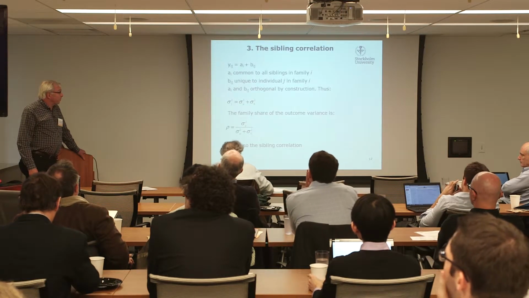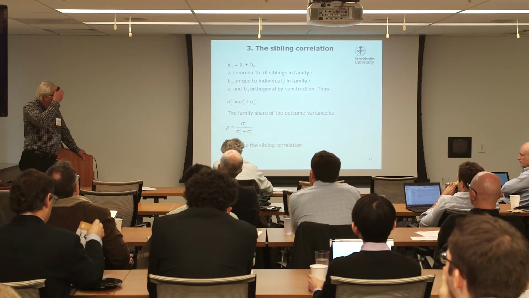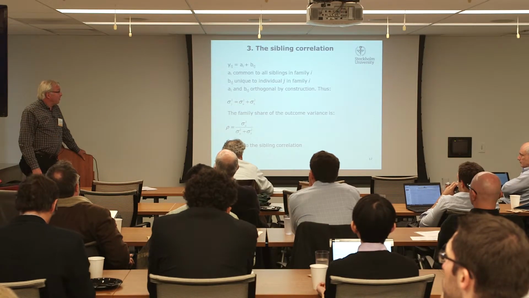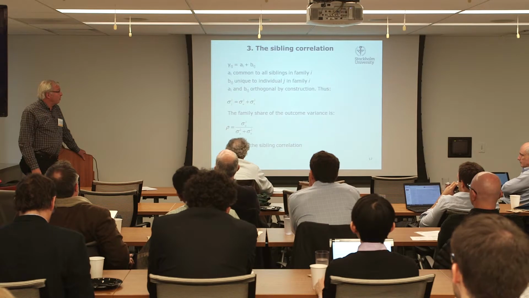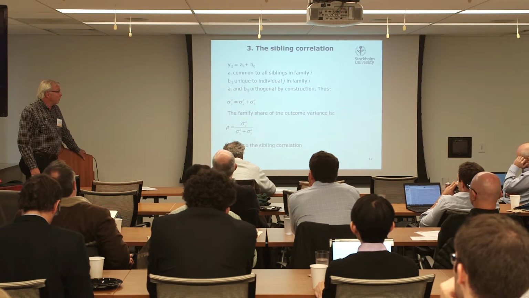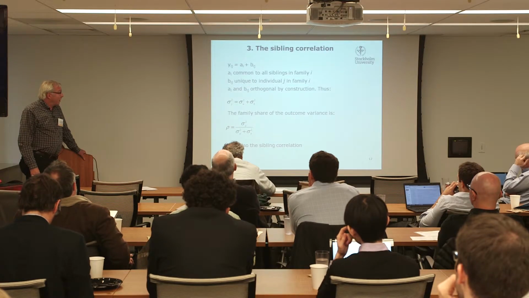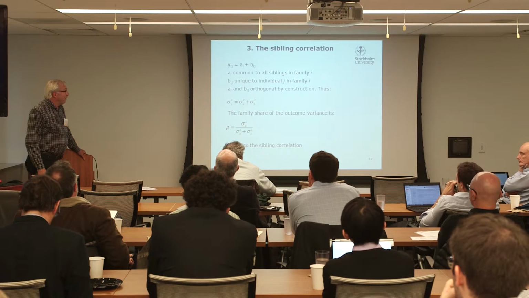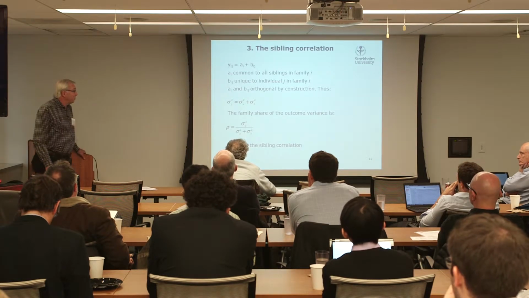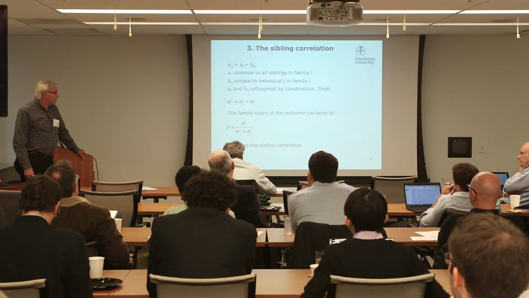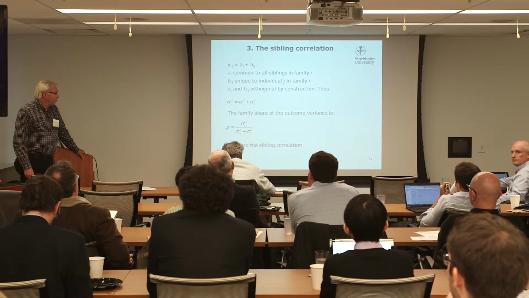And here I have the sibling correlation, which is the third approach, and the idea here is that the outcome has a common family component and a component unique to the individual in the family. And the individual component is the deviation from the family mean, so that gives orthogonality, and the total variance is the sum of the variances of the two components.